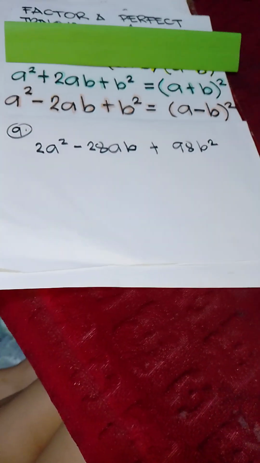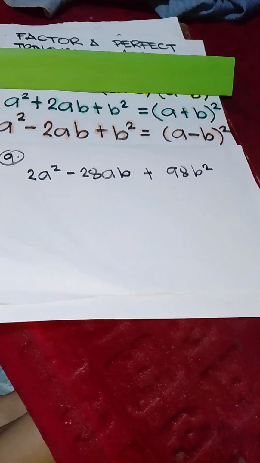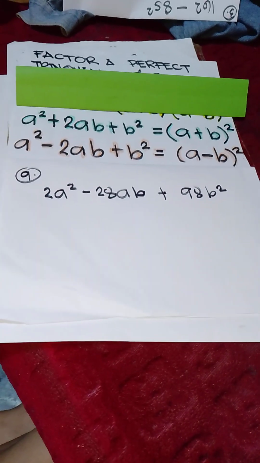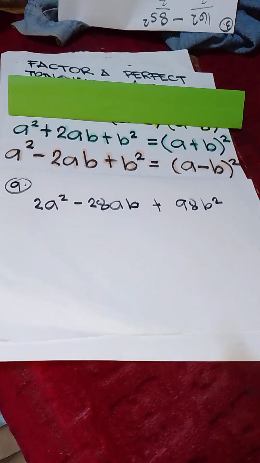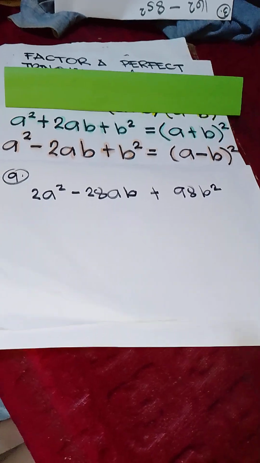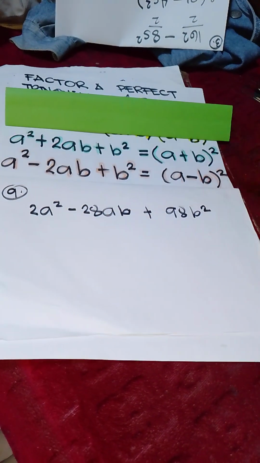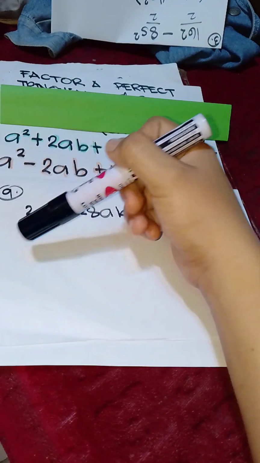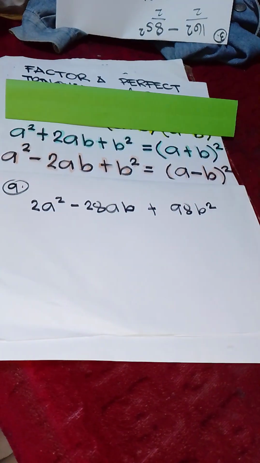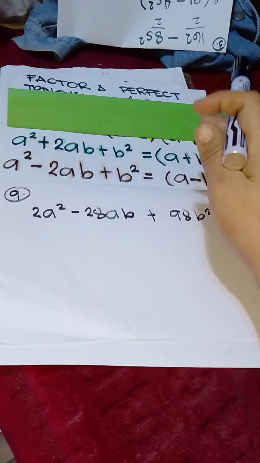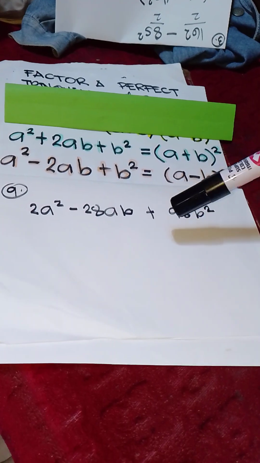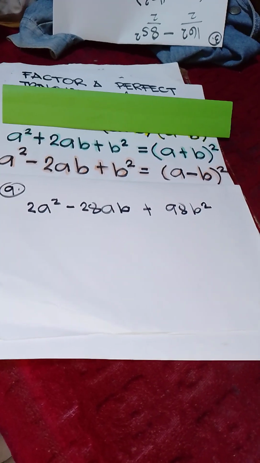We have example number 9. 2a squared minus 28ab plus 98b squared. So as you observe, 2a squared is not a perfect square, and we also have 98b squared, which is not a perfect square.